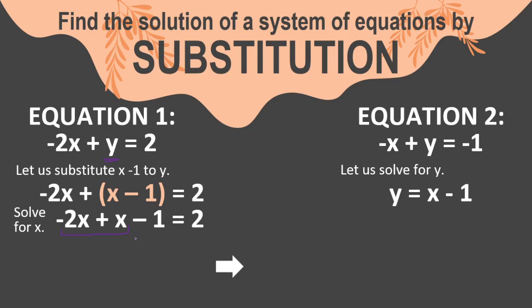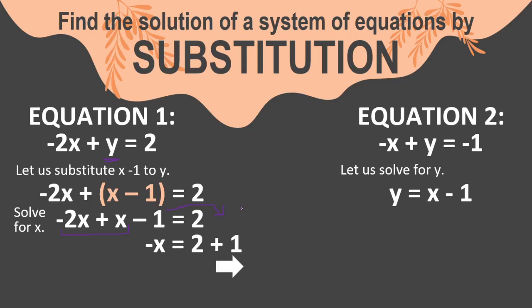I-combine natin siya. That will give us negative x. Tapos, si negative 1, lipat natin sa kabila, dito sa ating right side. So, 2, magiging plus 1 na. Okay, nag-change sign tayo kasi lumipat tayo ng other side of the equal sign.